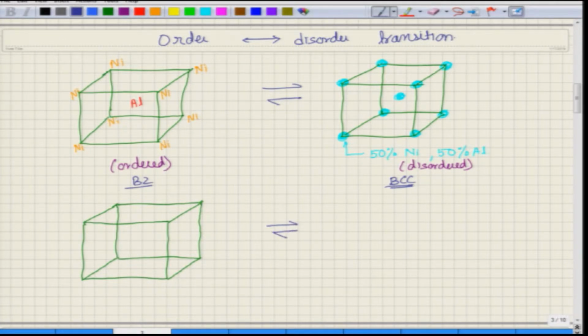So, here, like I said earlier, you will have aluminum atoms at the corner, and this time I am assuming Ni3Al, and nickel atoms at the face centers.